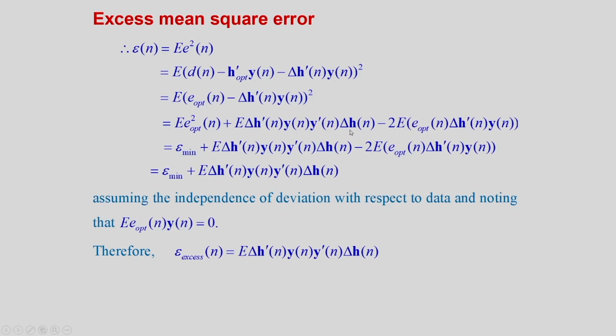So, this square term will come like this, minus the cross term, that is twice E opt n into delta H transpose n into Yn.